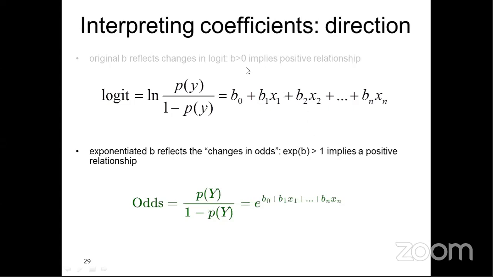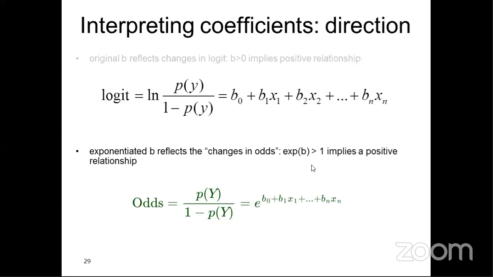If your B is greater than 0 in case of the Logit coefficient, it is a positive effect. If it is less than 0, it is a negative effect. Whereas in case of odds related interpretation, if the exponent of your estimated coefficient B or beta is greater than 1, it implies a positive relationship. If it is less than 1, it is a negative relationship.